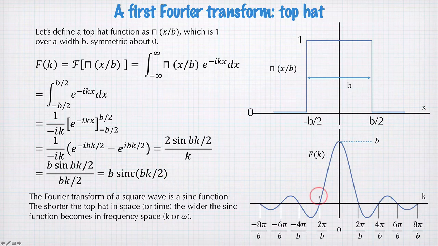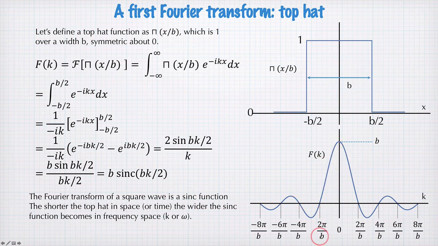If we plot it out, it looks like this. The height of the sinc function is b, where b is the width of this interval. So make the interval wider, the height increases. As we make b narrower, the height will decrease, and also the position of this first intercept increases.